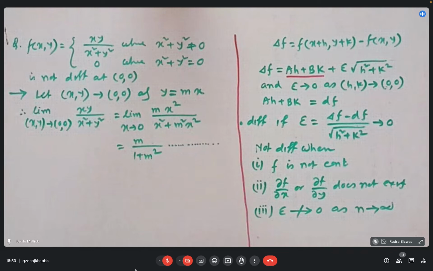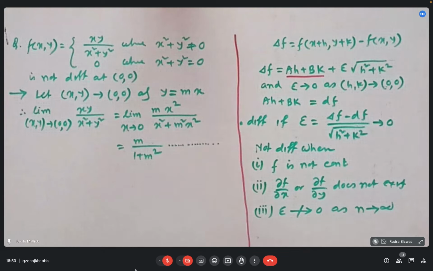Therefore, limit does not exist, and hence the function is not continuous at 0 comma 0. So f(x,y) is not continuous at 0 comma 0.